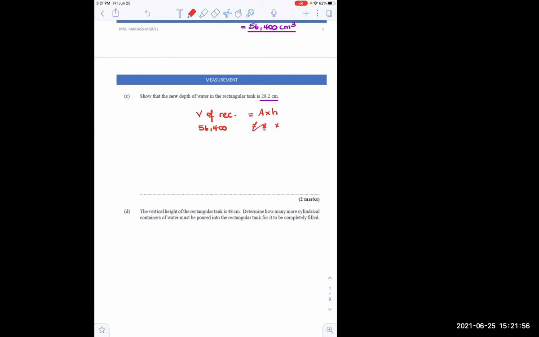So the 40 and 50 remain the same. 40 by 50 multiplied by H. Find H for me. Take it out and find H. The inverse of multiplying by 40 by 50 is dividing by 40 by 50.